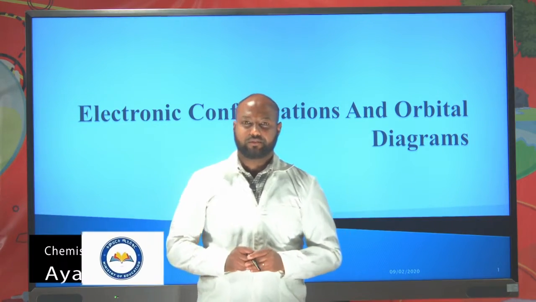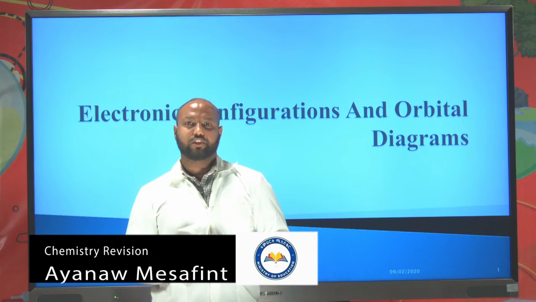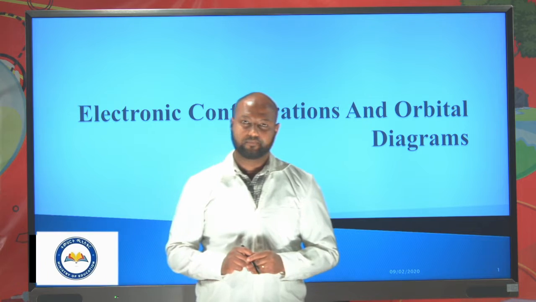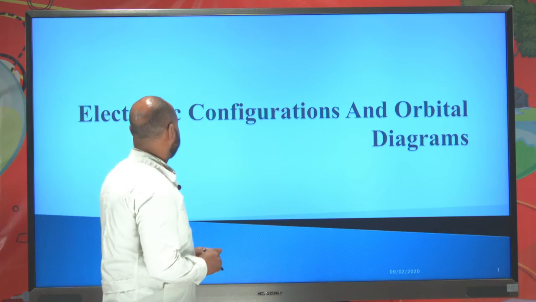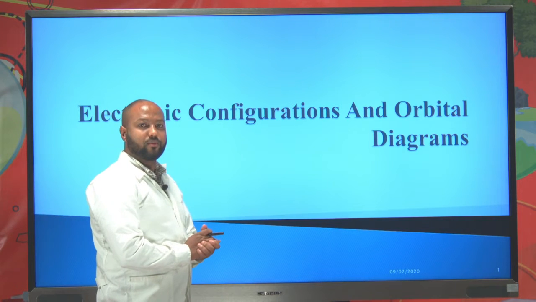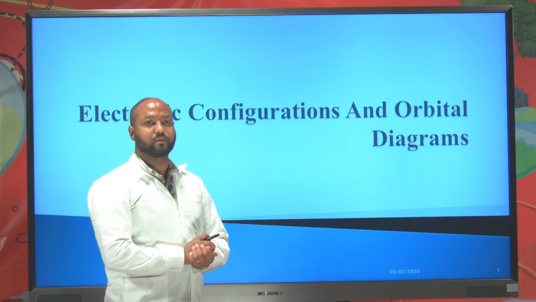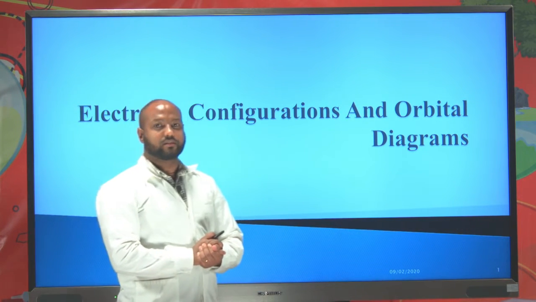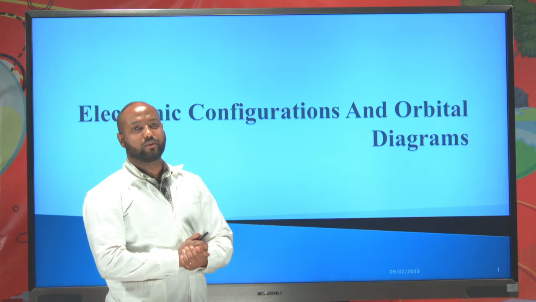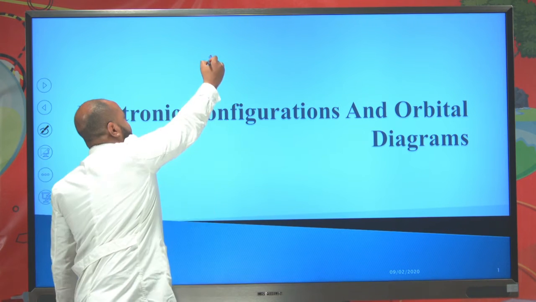How are you, students? Last class we saw the shapes of atomic orbitals. Let me remind you, the shape of atomic orbitals is determined by one of the four quantum numbers, which is known as the angular momentum quantum number or azimuthal quantum number, represented by the L value.